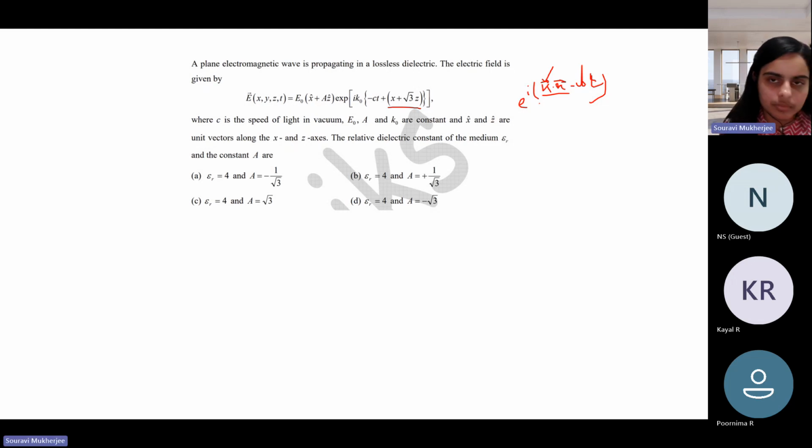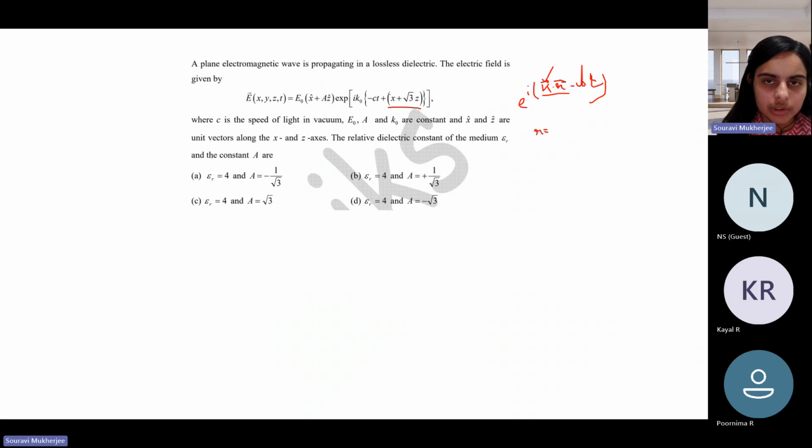Can you follow what I meant? See, suppose you consider r to be x i cap plus z k cap, then what will your k be?